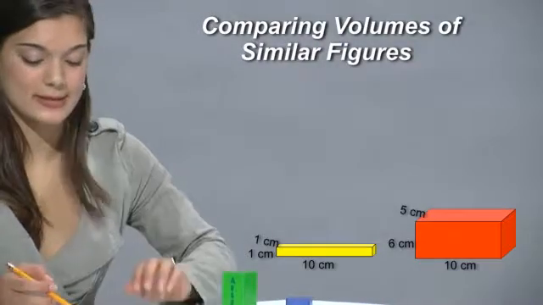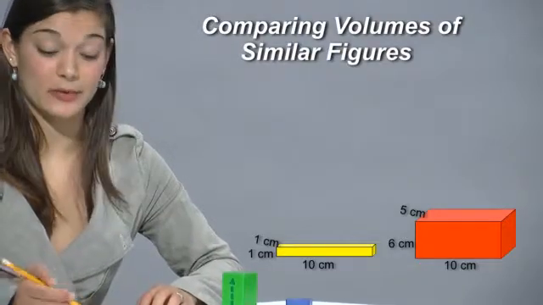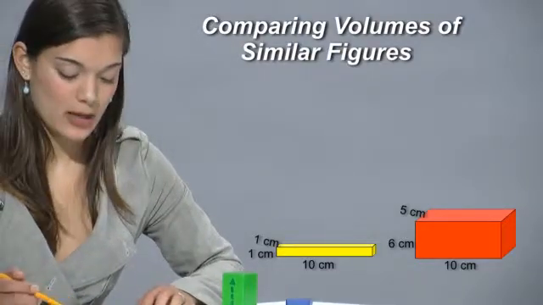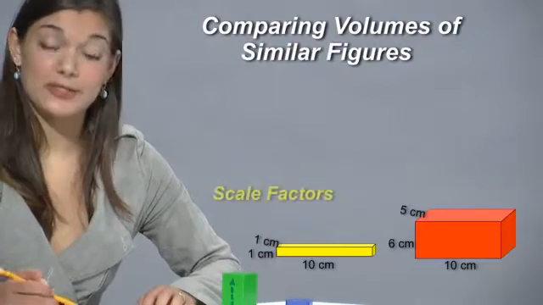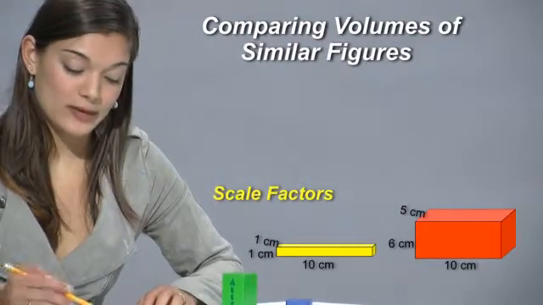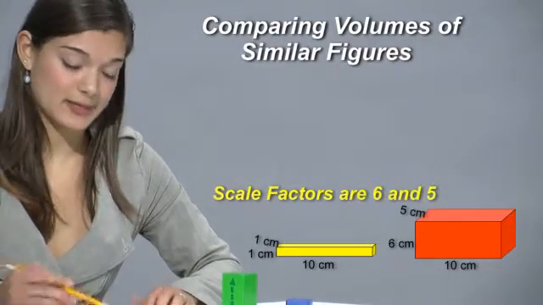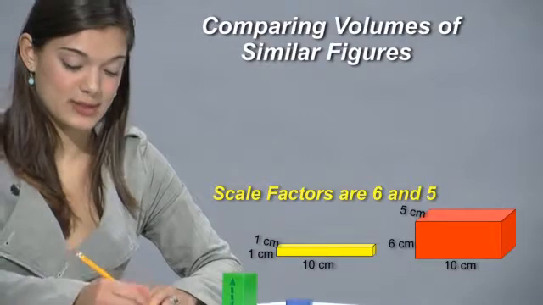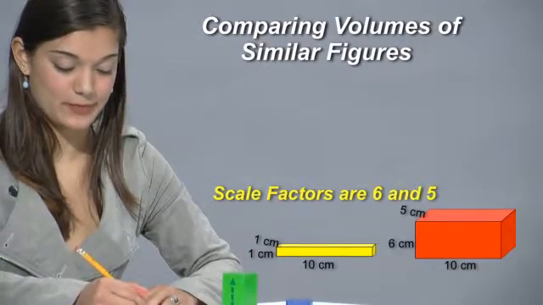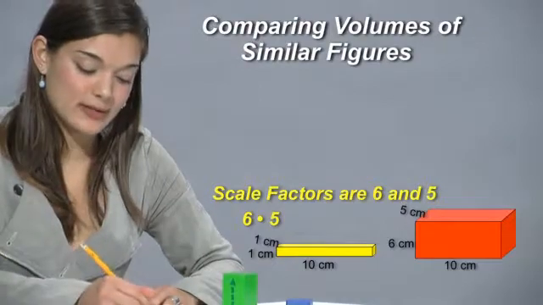So the red block has a different width and height. Let's figure out what our scale factors are. We multiplied the width and the height by 6 and 5. So those are our scale factors because the length stayed the same.